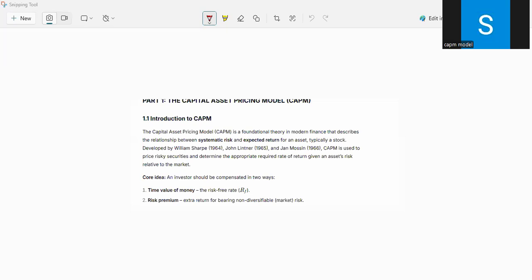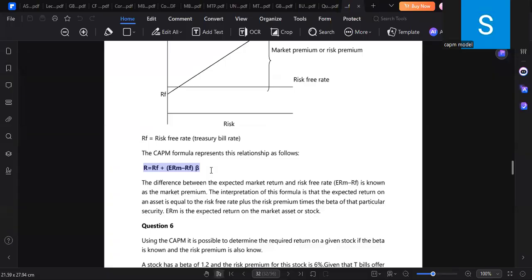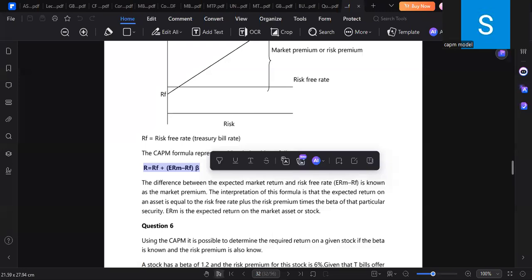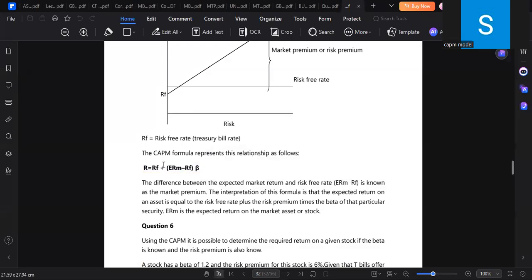Expected return is equal to risk-free rate plus market return minus risk-free rate times beta. Okay, so that is the formula for our CAPM model.